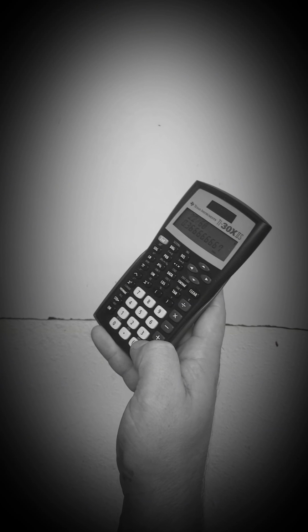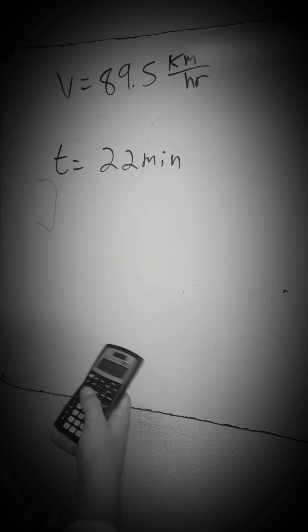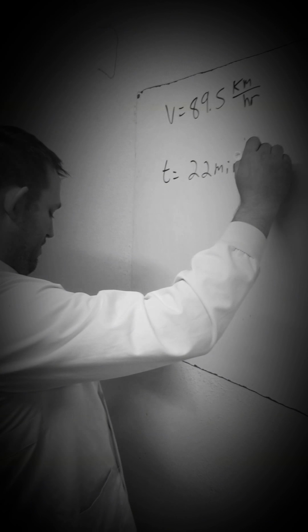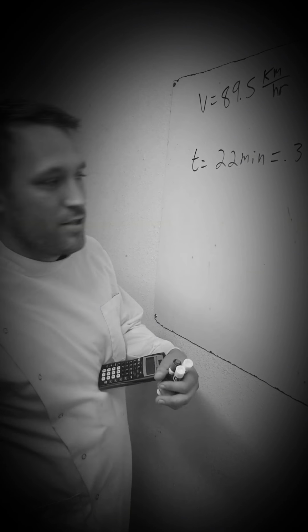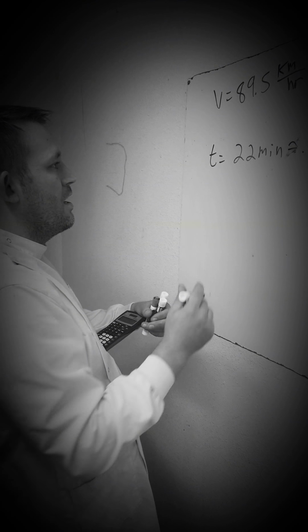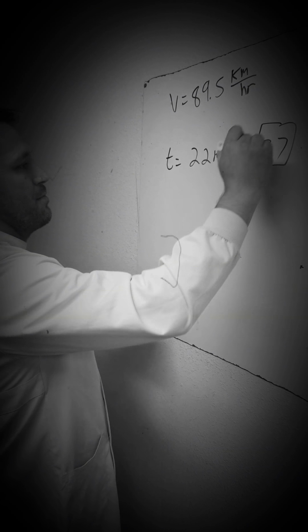That will give us 0.3666 repeating. What was I talking about? Hours. Okay. So 0.37 hours about. And I just did that so we can simplify things a bit. Okay, let's continue. What else do we need now?